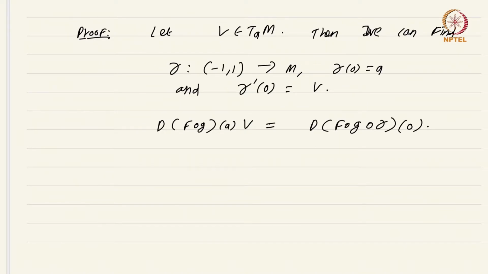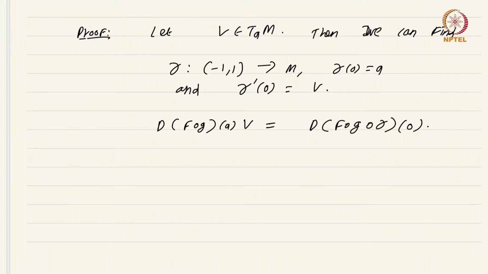So F composed with G composed with gamma gives you a curve in the manifold P such that at 0 it takes the value F composed with G at A. The velocity vector of this curve is nothing but the push forward of the tangent vector V under the derivative map. This is the second exercise that I had left for you previously. If you have not solved this, please solve this also. Don't take it for granted.